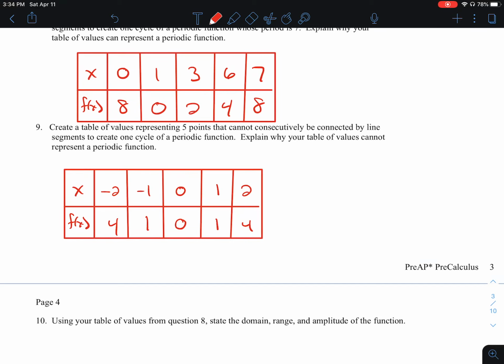Well, this is interesting because if you look at this table just by itself, this could be a periodic function. But let me just be a little bit more specific here, and let's just say this is x squared.